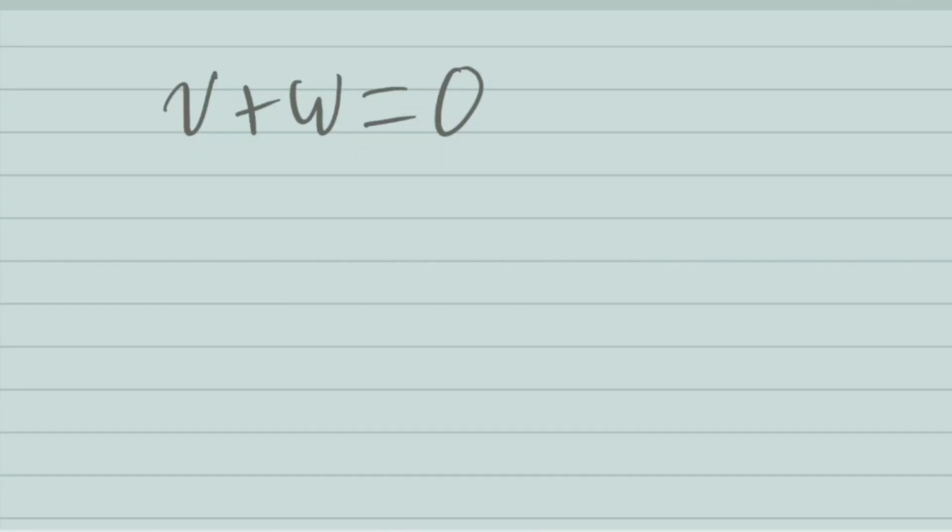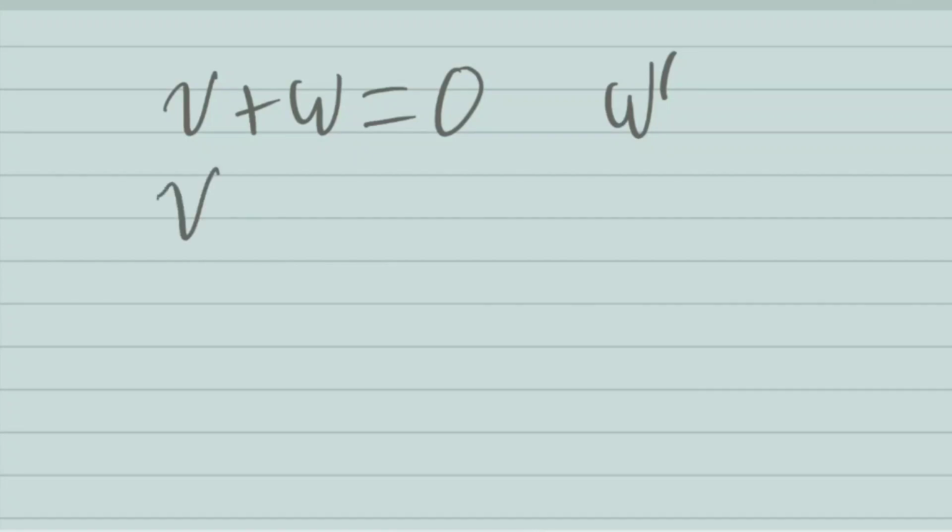To show that there's only one additive inverse, oh, this is easy. Let's suppose there are two additive inverses, w and w prime, like this.